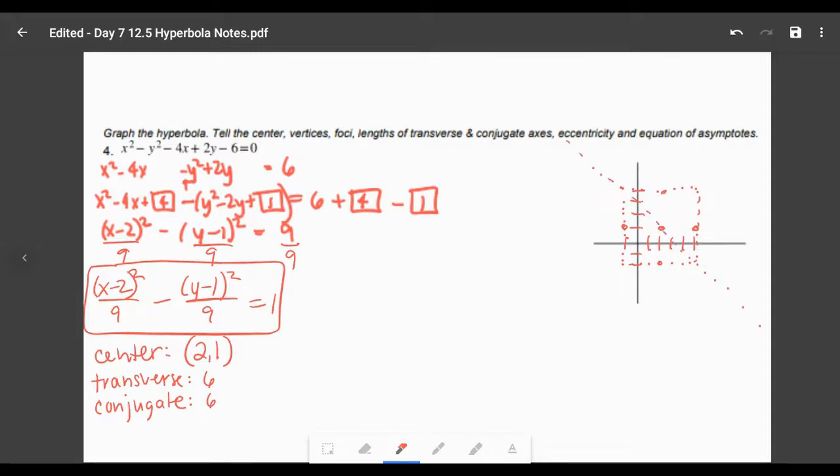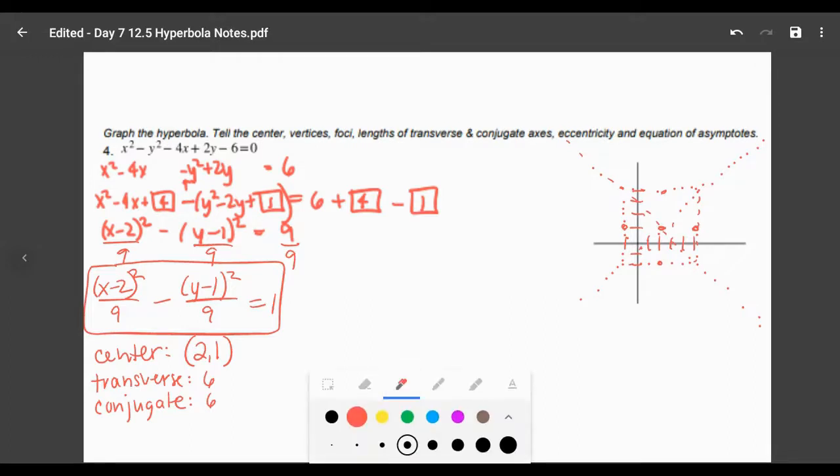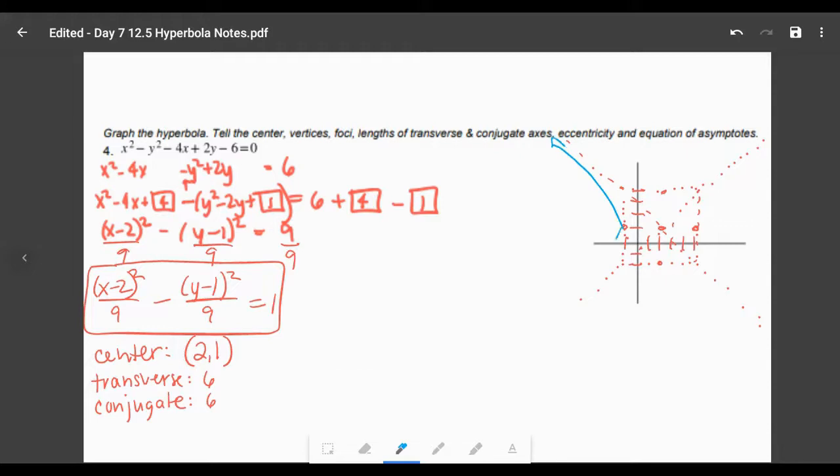And then we know which direction this hyperbola should open in, since the equation starts with an x squared, or (x minus 2) squared. Then we know that it has to open in the x direction. So it should open from this vertex and to the left, and from this vertex and to the right.